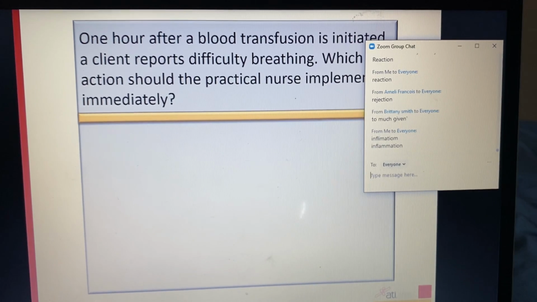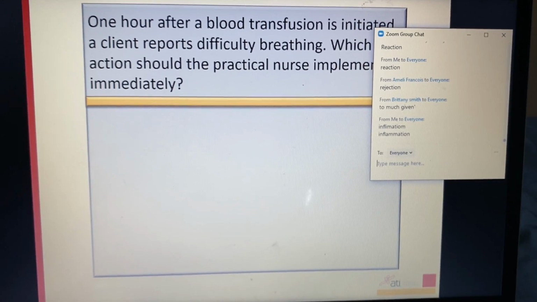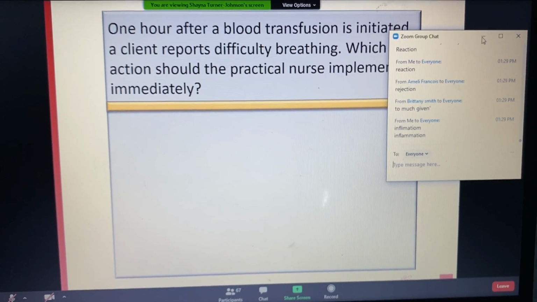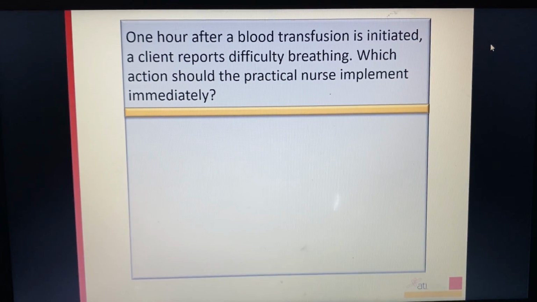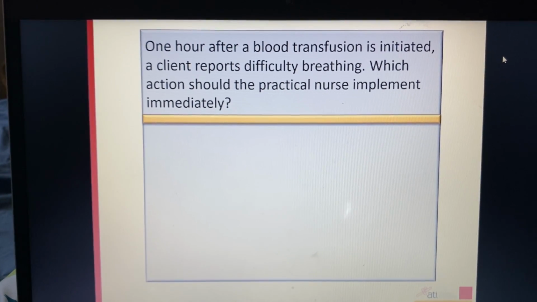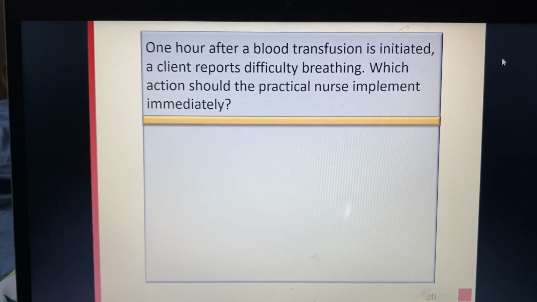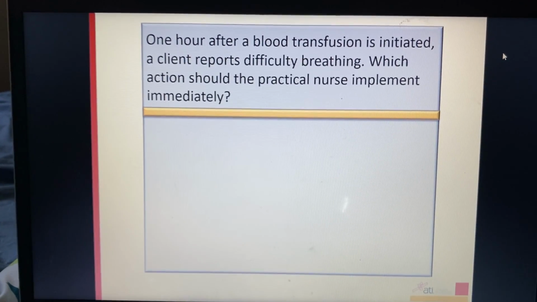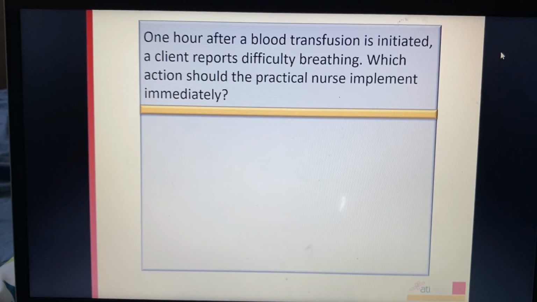Okay? This is a priority question, right? Which action should the practical nurse implement immediately? So there's probably multiple things that you could do and are right. You have to figure out what you are going to do immediately. All right, let's look at these answer options.